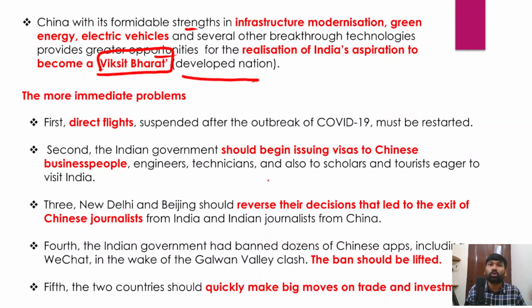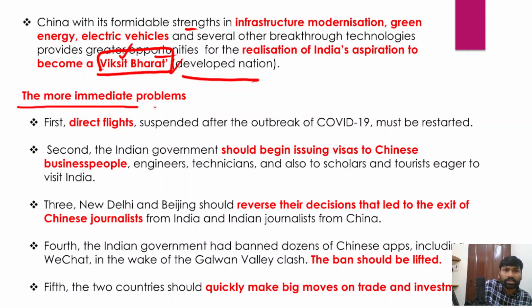Right, so this is what the author has been suggesting: when you set aside the differences among each other, that would help realize your aspirations and achieve a greater level of development, because you have the opportunities. So you should explore the opportunities by utilizing each other's strengths.